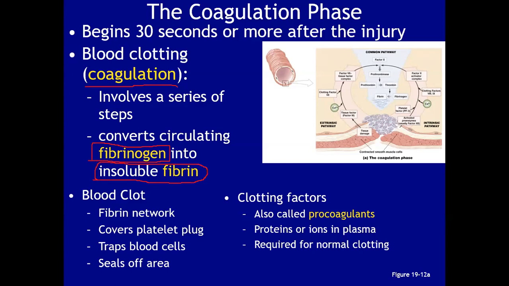That's exactly what we're doing here with the coagulation phase. We're reinforcing those platelets with these proteins, and we're forming a big old hair clog, okay? The goal is help cover and infiltrate that platelet plug, trap the blood cells that are there, and seal off the area.